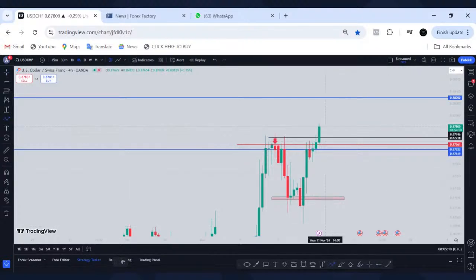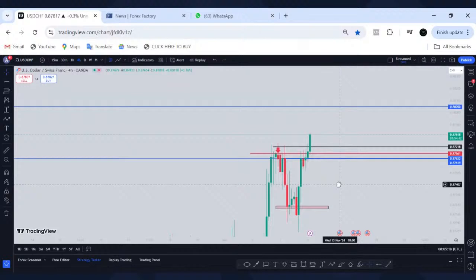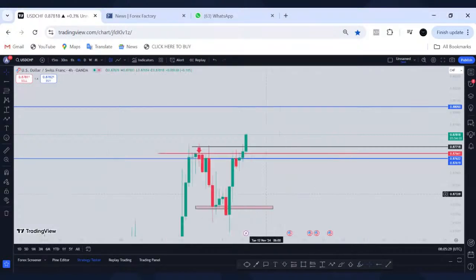So I'm very sure price will just come and retest on this one, then the trend will continue. That's what I'm expecting to happen.